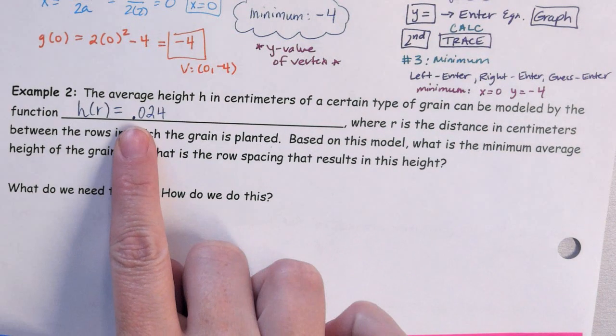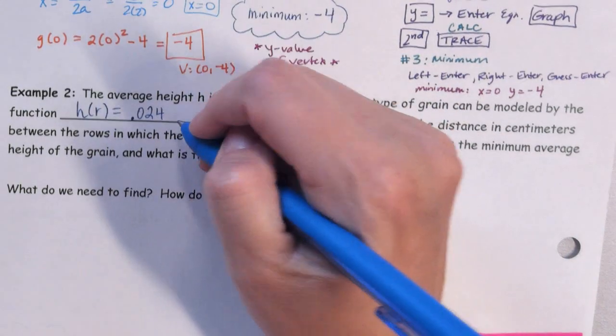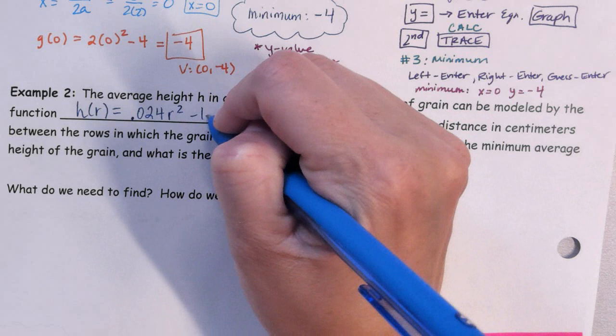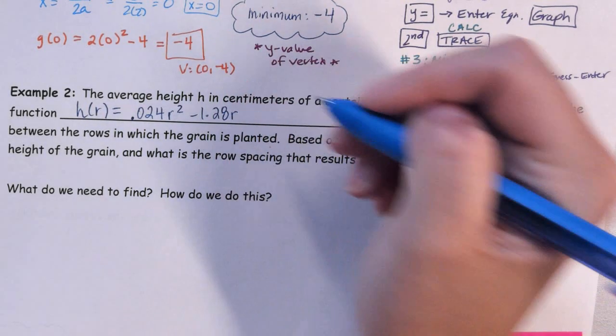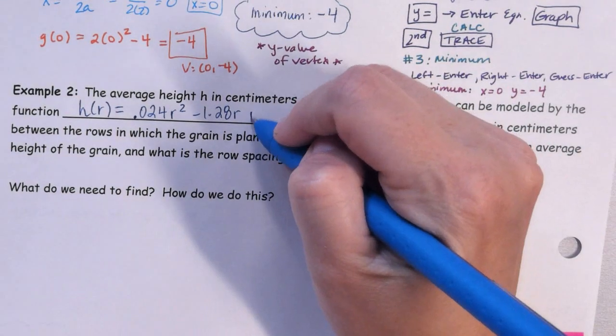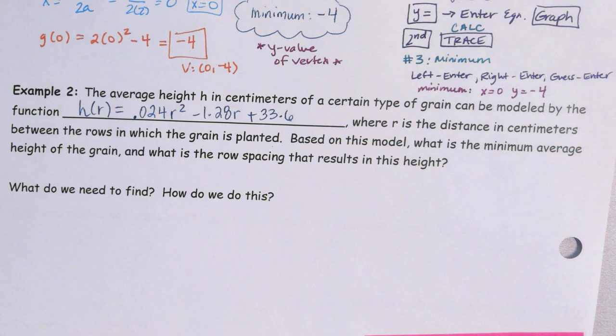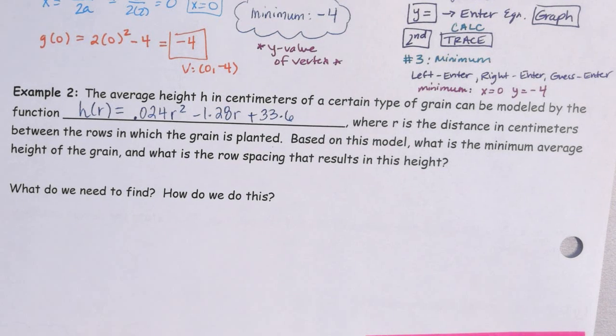So put your decimal and then 0.24 r squared minus 1.28r plus 33.6. So that's our function, where r is the distance in centimeters between the rows in which the grain is planted.